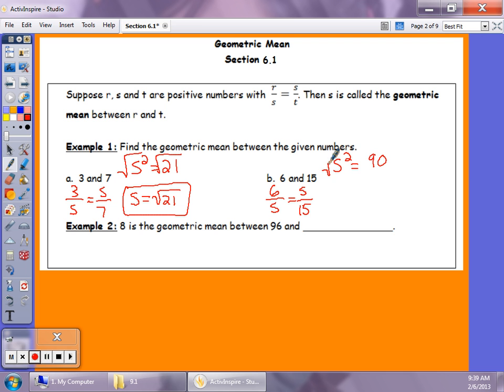And when we take the square root of both sides, we're going to get s equals root 90. Remember from previous lessons, we want to make sure we're completely simplified. Since 90 contains the perfect square 9, we're going to go one step further and simplify into root 9 times root 10. So when we simplify, we're going to get the geometric mean between 6 and 15 is 3 root 10.